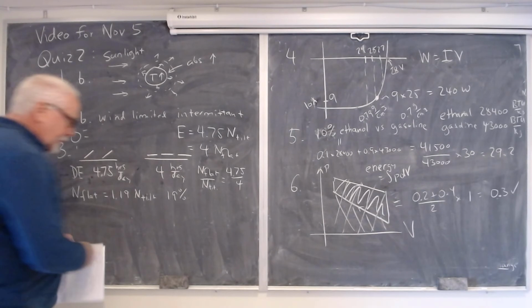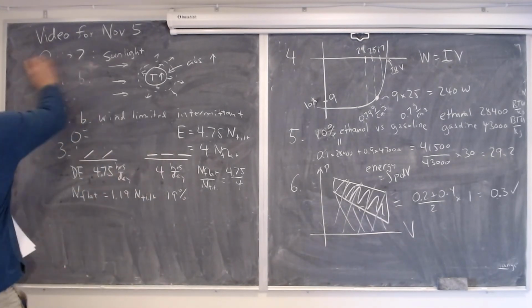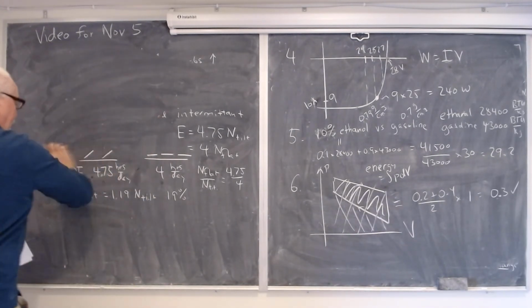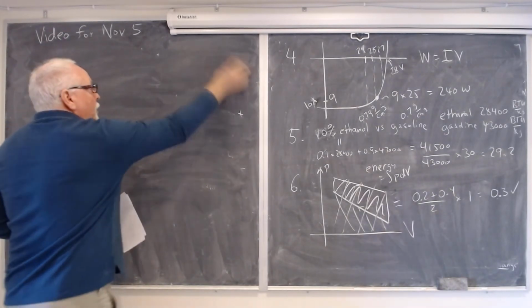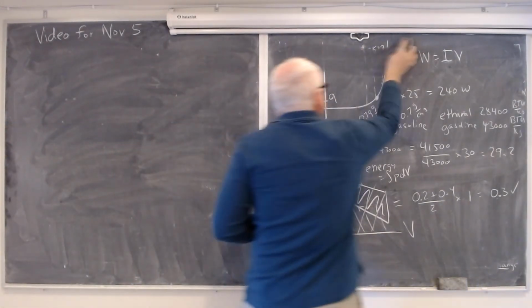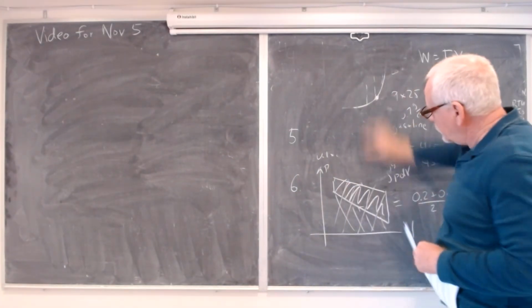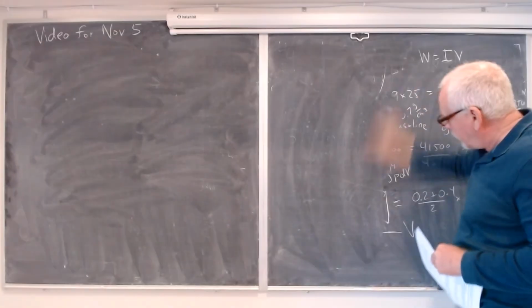All right, so that was the quiz, and now we're picking back up on heat engines, which picks right up from problem 6 of the quiz, which I'll erase because we'll remember it's the area under the curve.